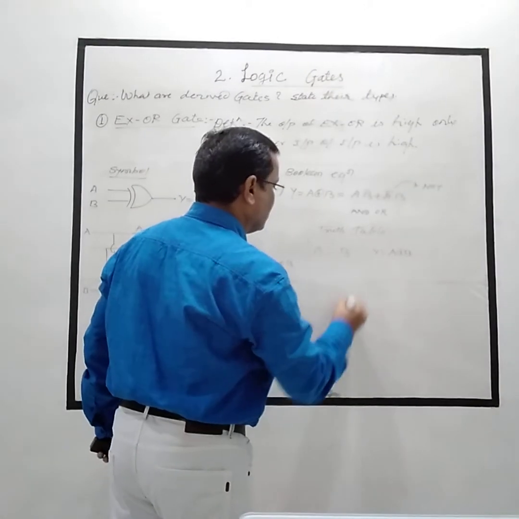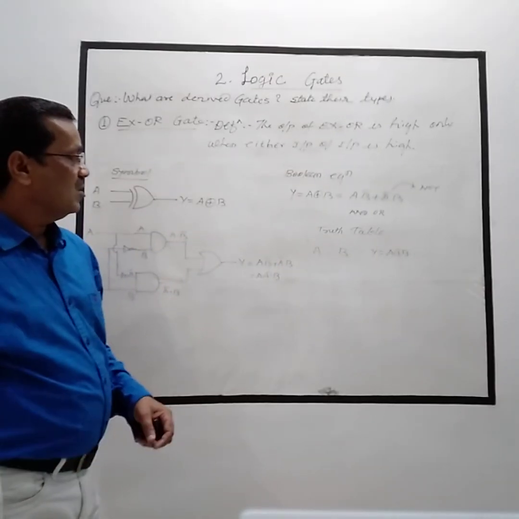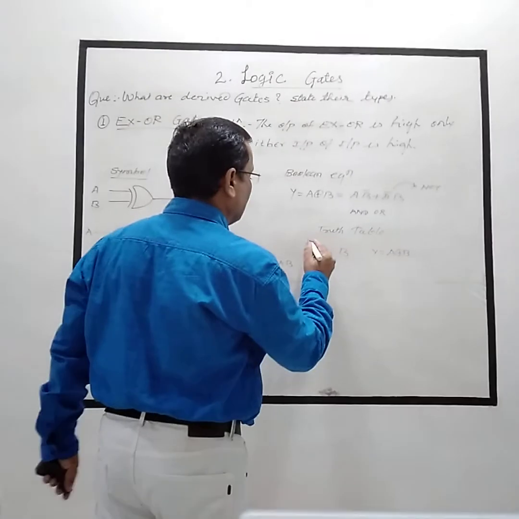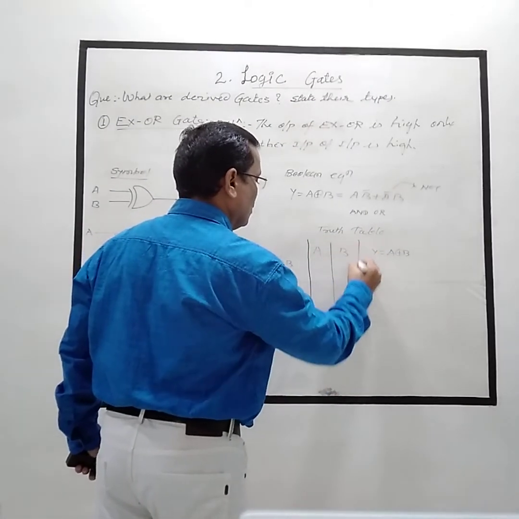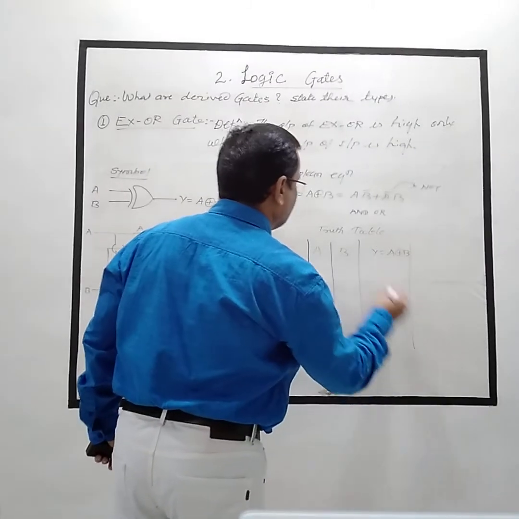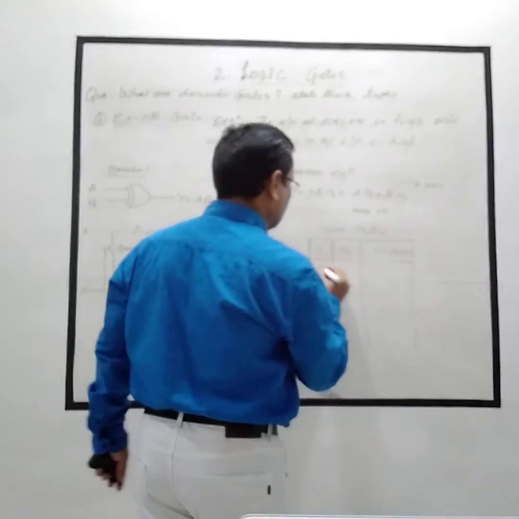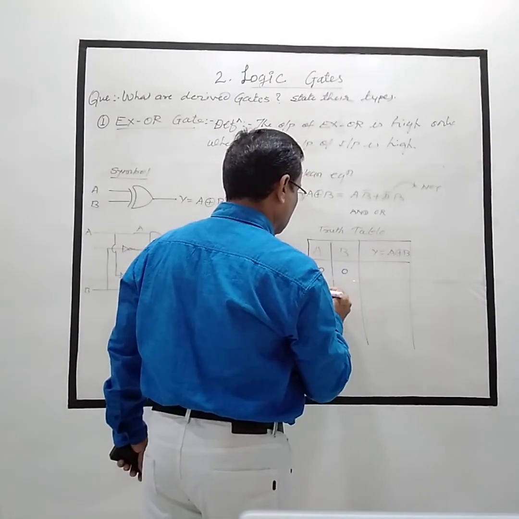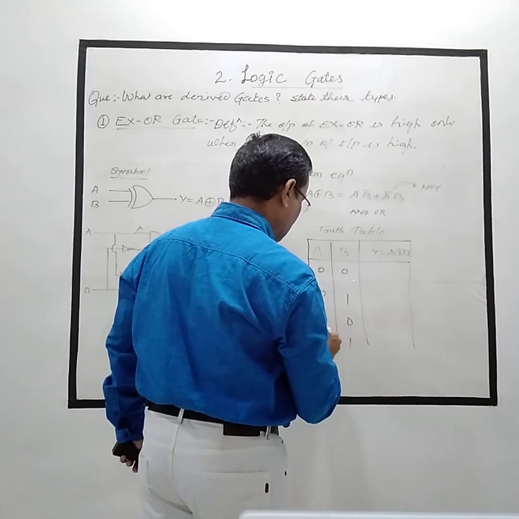Three different columns, 1, 2, and this is 3. Inputs 0, 0, 0, 1, 1, 0, 1, 1.